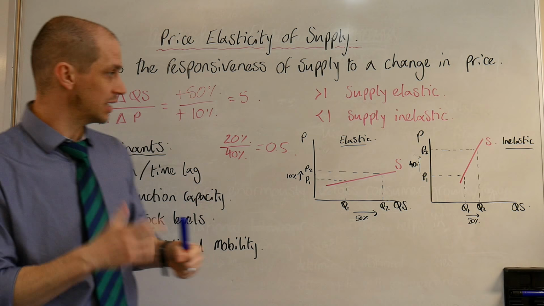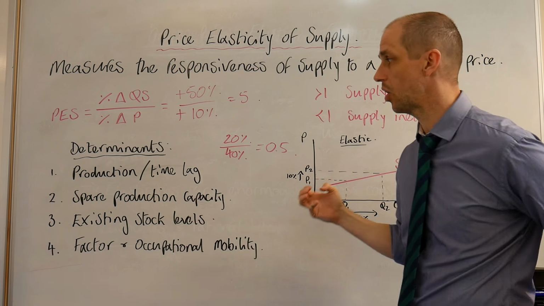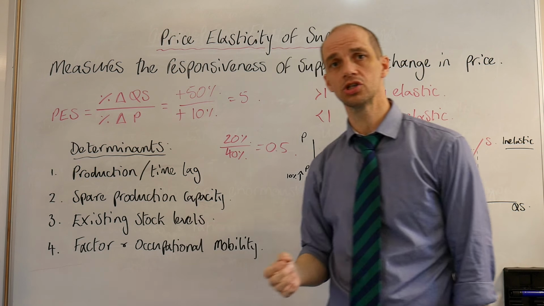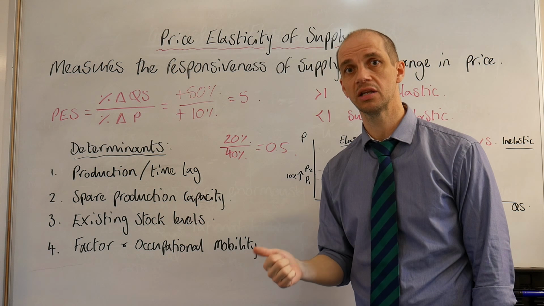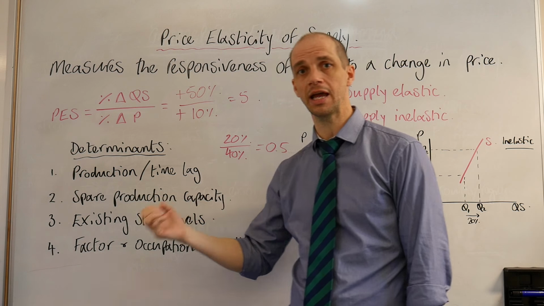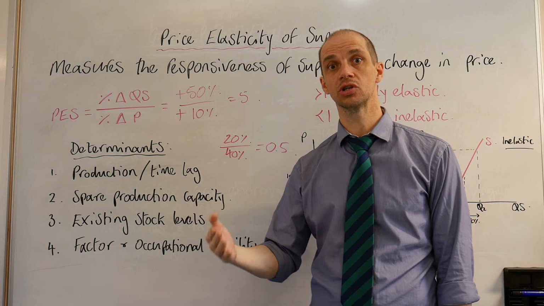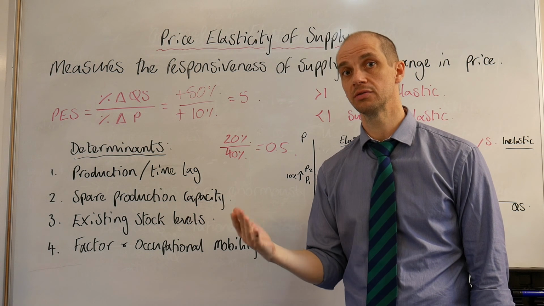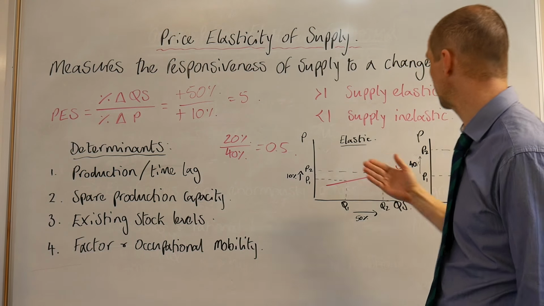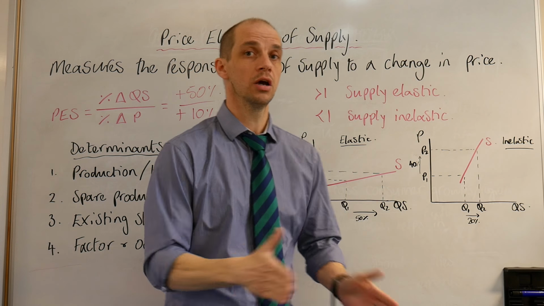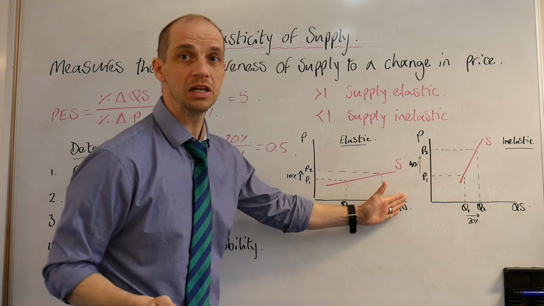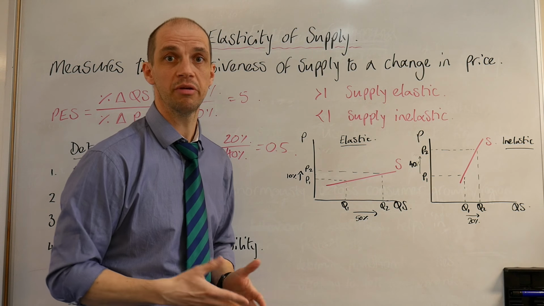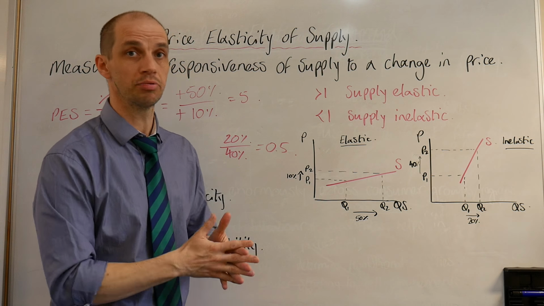Okay, let's have a look at some of the reasons behind this. Okay, so we see here that a production or a time lag can have a significant effect. So how long it actually takes to produce a good can have an implication for the actual elasticity of supply. So when it comes to perhaps having a custom-made Harley Davidson, you may be looking at this sort of scenario where the actual supply curve may be fairly unresponsive to any increase in the price level.